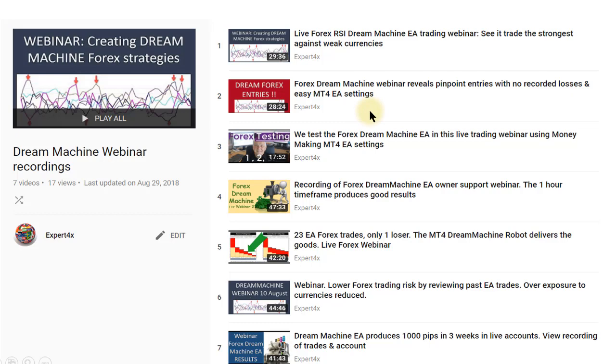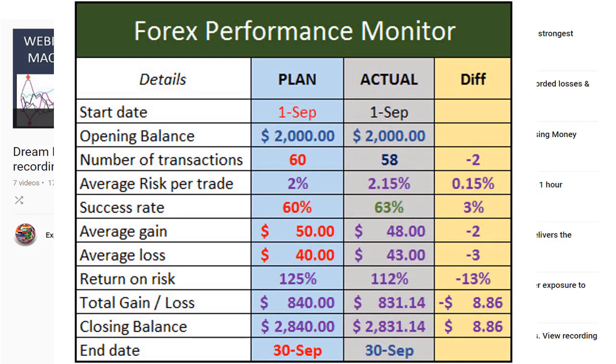I believe the market tells you how it wants to be traded, and the only way it can tell you is by giving you feedback on your own trades. And this particular process that we followed with the Dream Machine will give you ideas on how to do that. So the next step is really to start monitoring your trading and monitor those key ratios like your success ratio, your return on risk ratio, and the number of trades you're making, and the percentage that you're risking per trade.